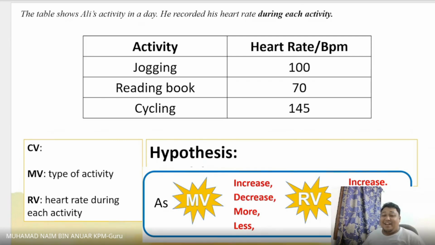Aina, the heartbeat increases a lot. Yep, we can agree that the answer is: the more intense the activity, the more the heart rate will increase.